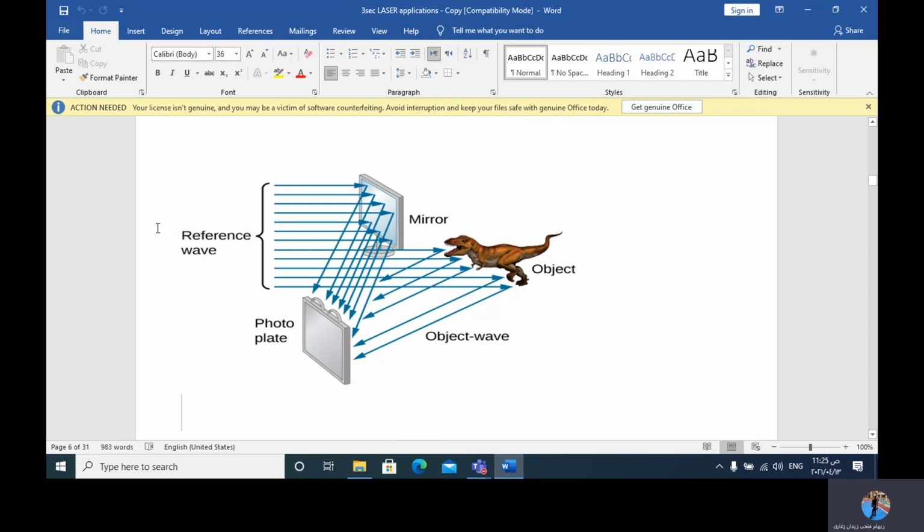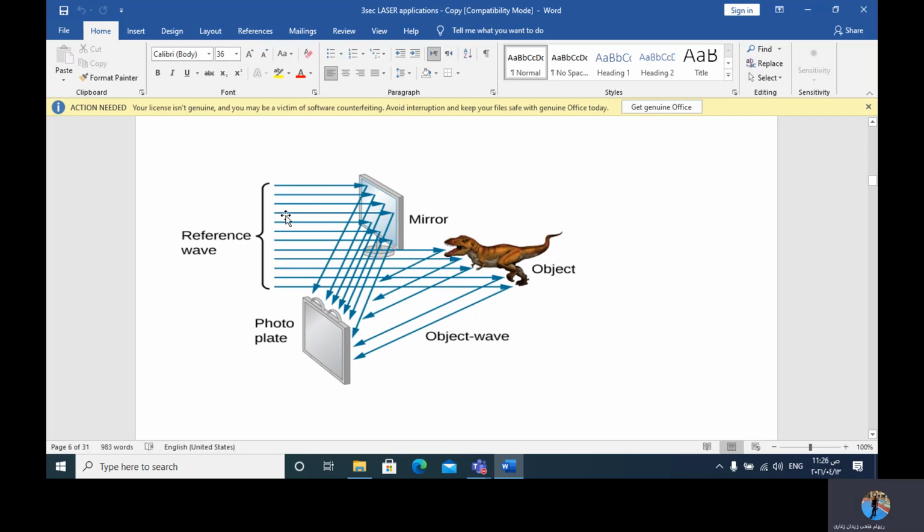And this is the laser. All these rays are coming from the laser. Now, as you see here, a group of beams from here to here hit the mirror and are reflected on a photo plate, or photographic sensitive plate. And you have other rays hitting the object and then reflecting to the photo plate. So, object wave and reference wave.